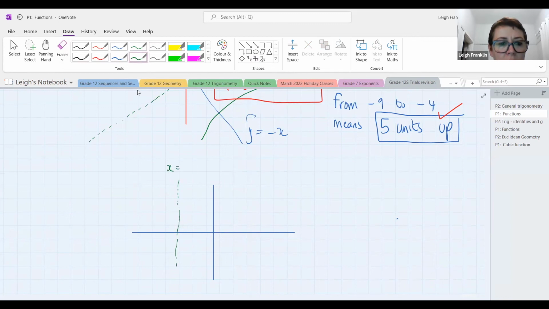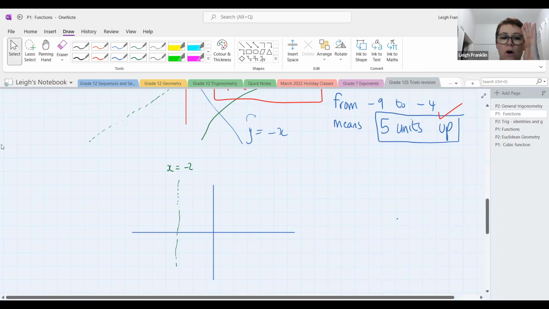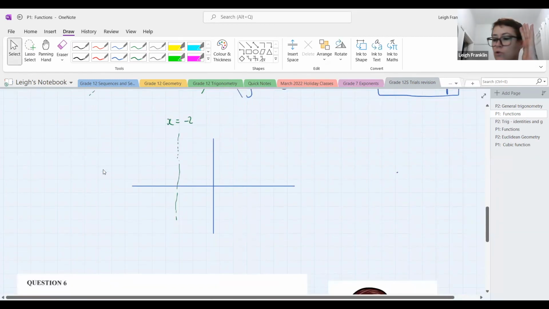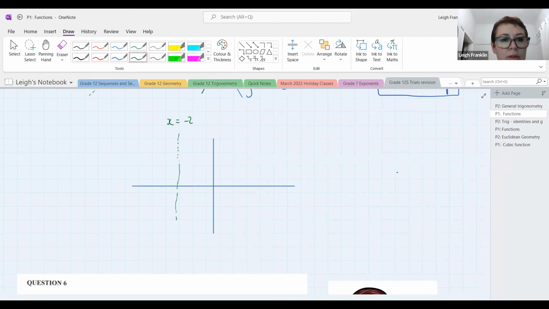So that's where the current g of x's vertical asymptote is. After this graph is transformed, it's now sitting over here, right? So now the equation of the vertical asymptote, let's do it in red, is over here, because this is now the line x equals -6.